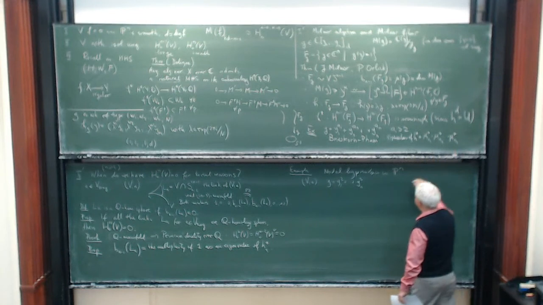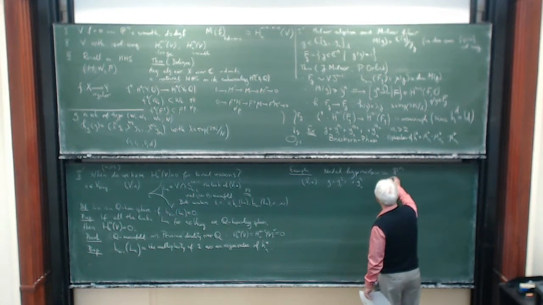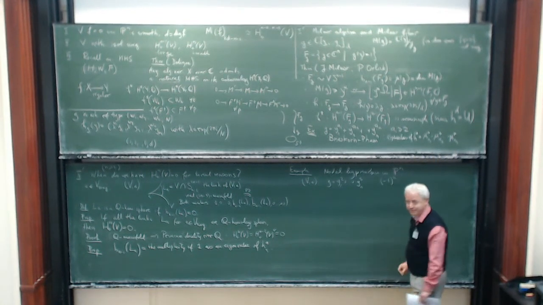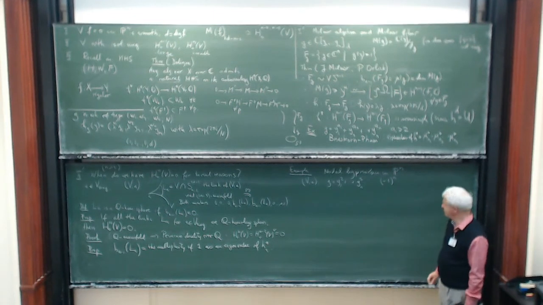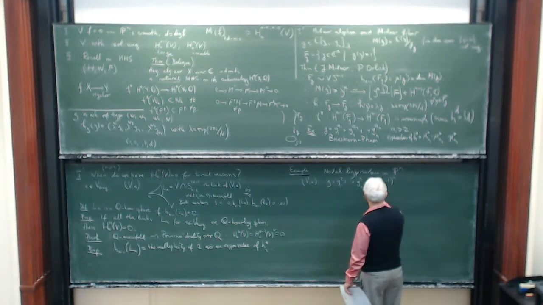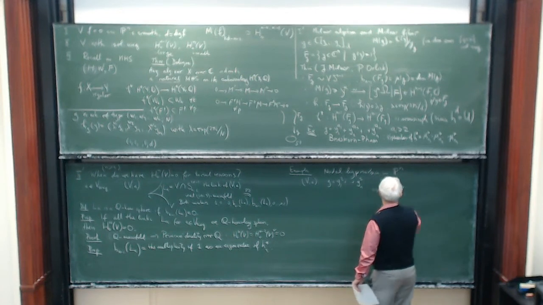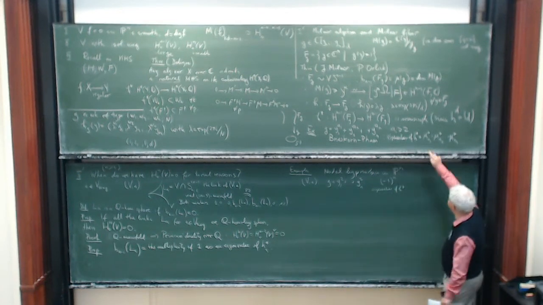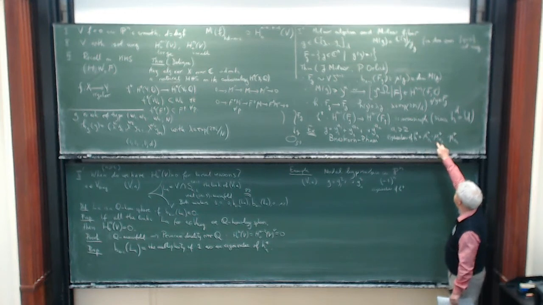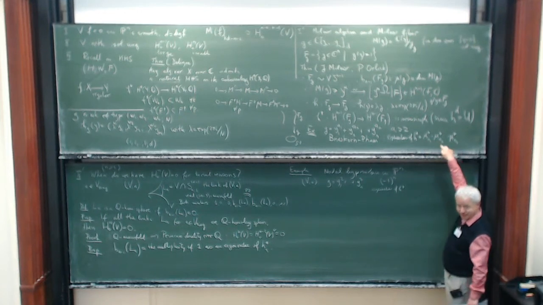If I do this, I see that the only possibility is (minus 1)^n. So there is just one eigenvalue. And this is obtained by taking minus 1, minus 1, minus 1, making the product.